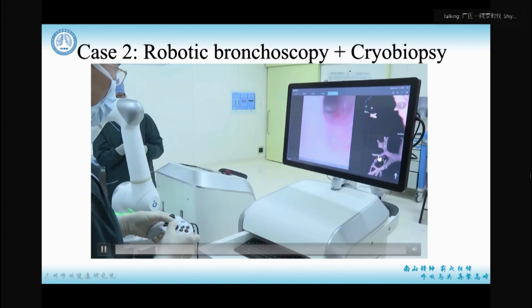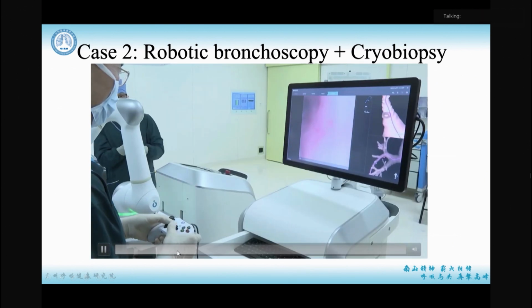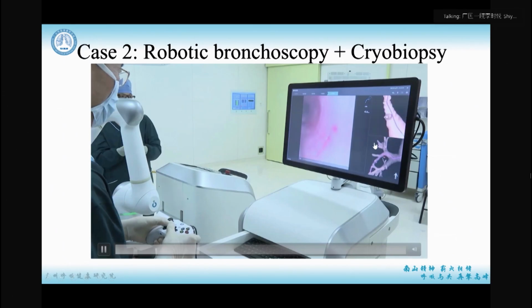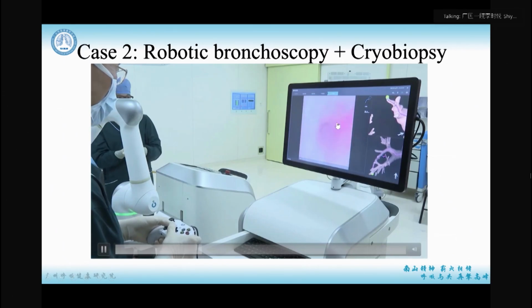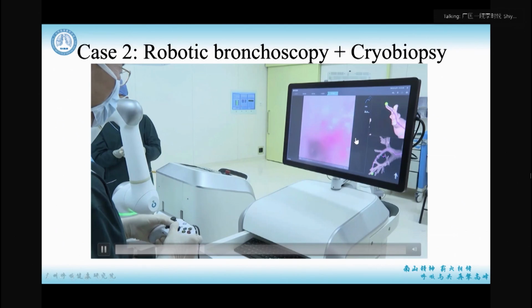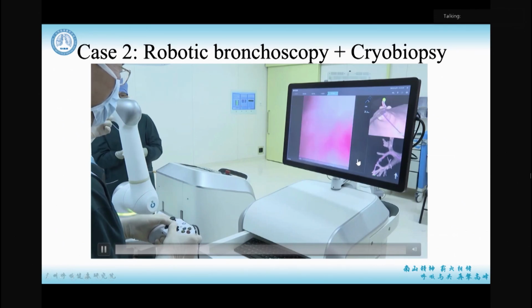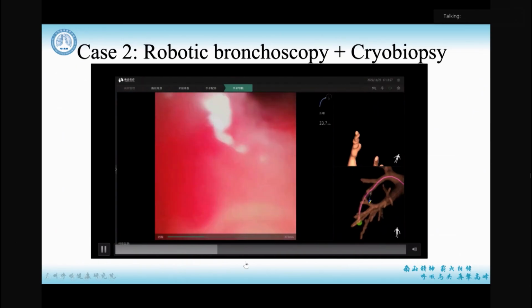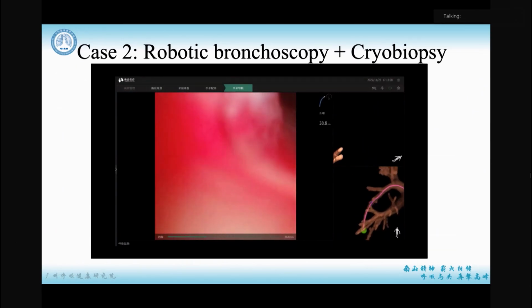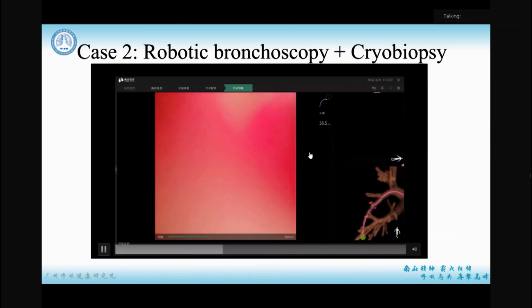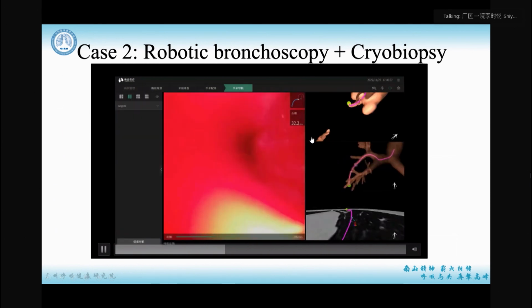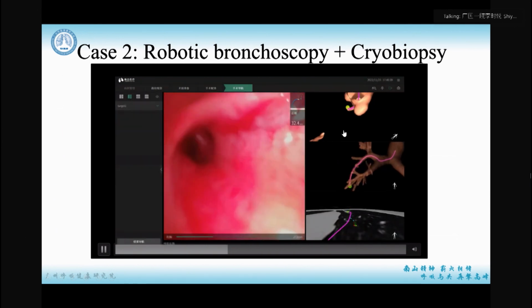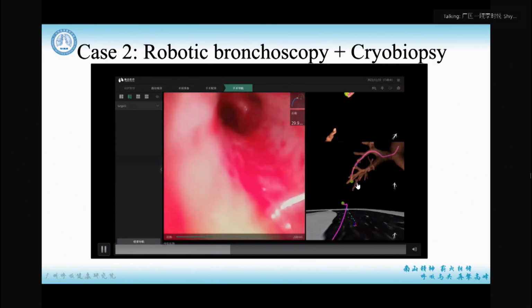Here we can see the picture. We control the robot to the nodule. Here we can see it's very close to the nodule.